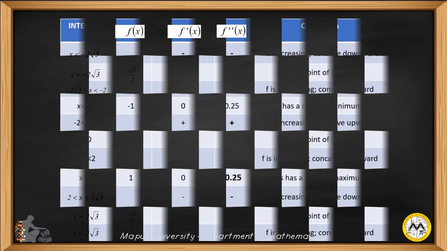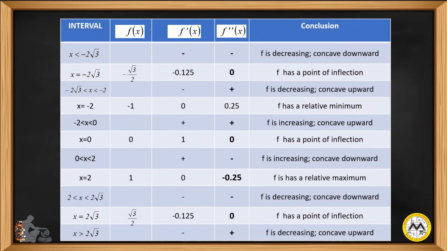The result of our analysis can be summarized in a table like this, indicating our points of inflection at x equal to negative 2 square root of 3 and positive 2 square root of 3, and the critical points at x equal to negative 2 and x equal to positive 2.